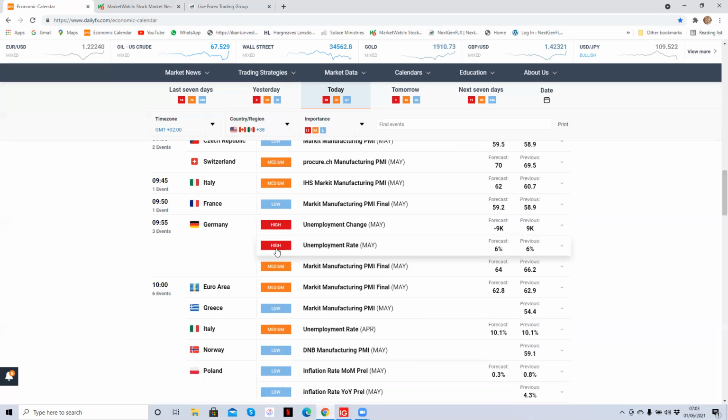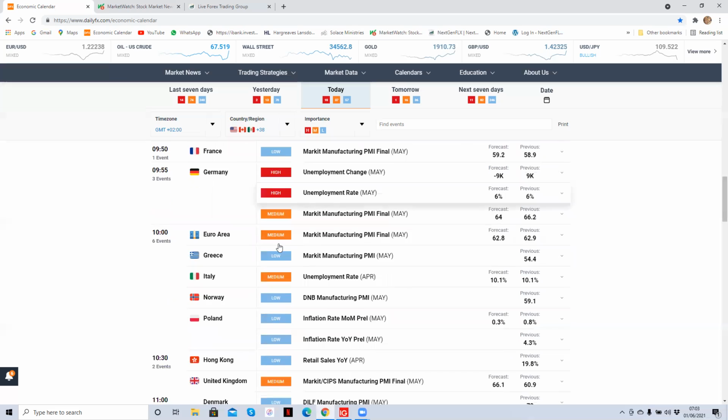So unemployment rate is a big one. And obviously Germany being the major powerhouse in Europe, that would affect the euro and hence the Euro US dollar, which we're looking at. So that's the first report of major importance.